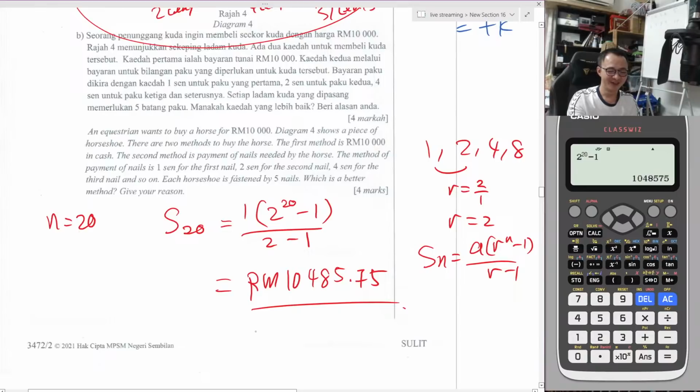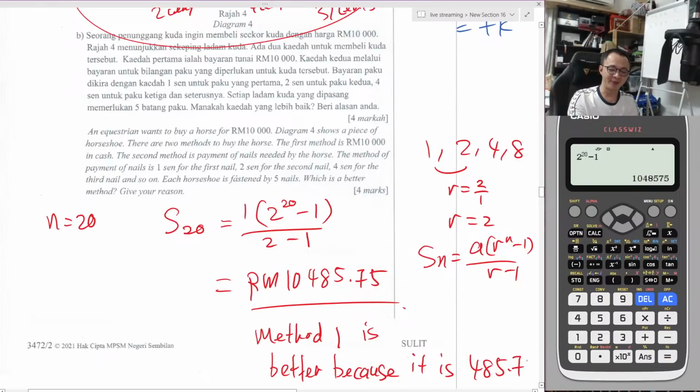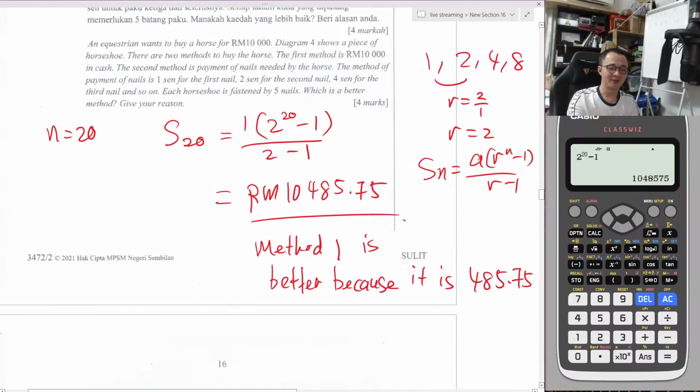So which method is cheaper? Therefore, method 1 is better because it is 485 ringgit 75 sen cheaper.